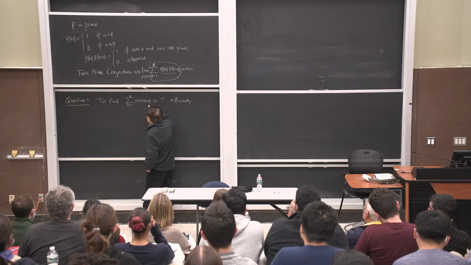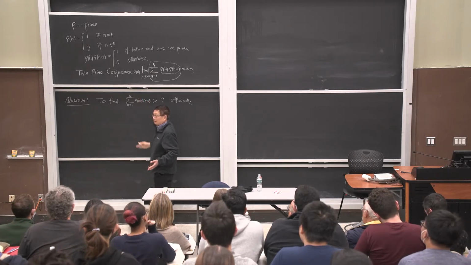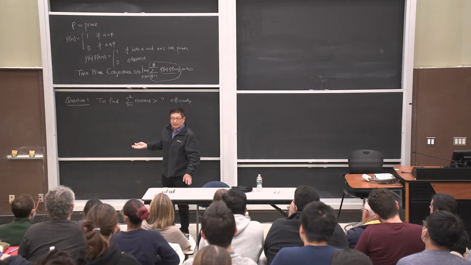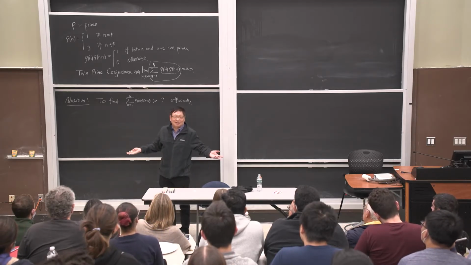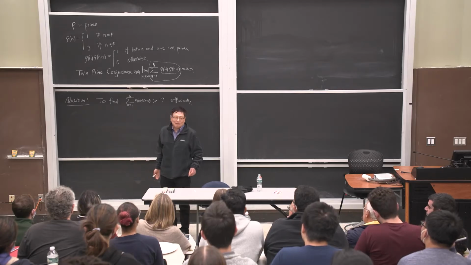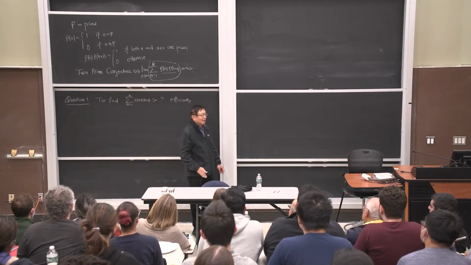Namely, this should be some function, could be a complicated function depending on capital N. But one thing is, it must go to infinity. Otherwise, we have nothing. But until now, we are unable to do this.